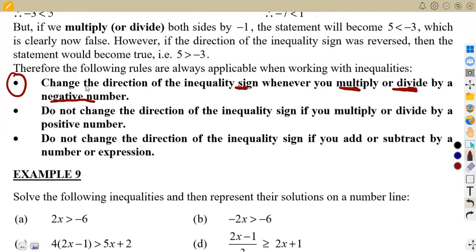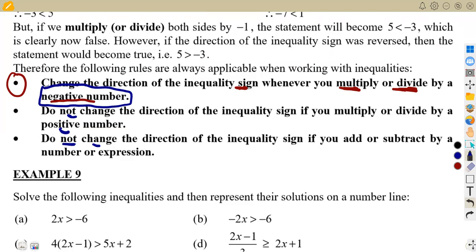You do not change anything. And if you transfer a number to another term, or subtract or add, you also do not change anything about the inequality sign. It is only changed by multiplication and division by a negative number. That's the only thing that can change the direction of an inequality.